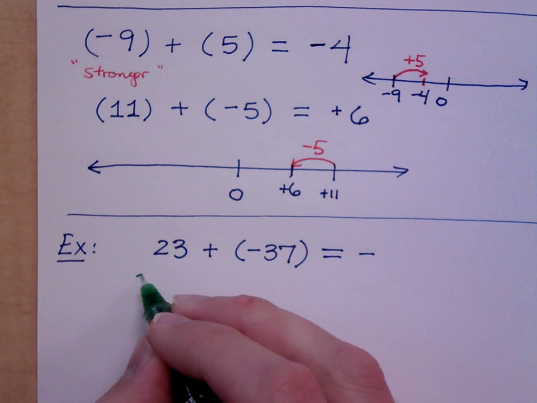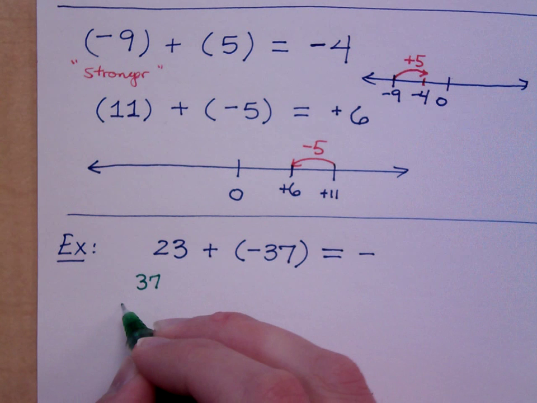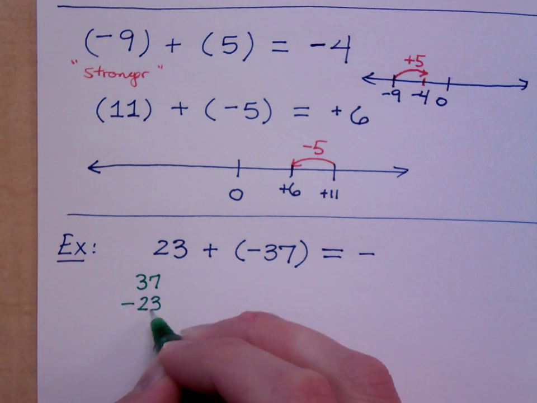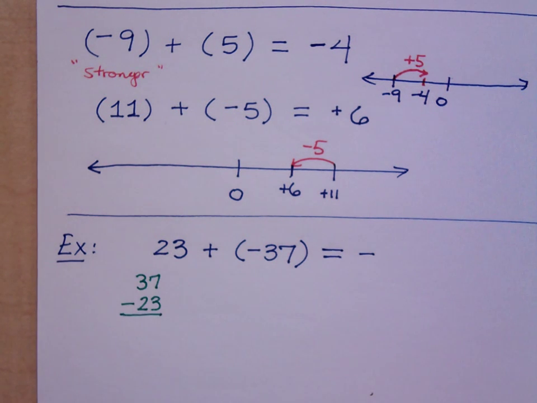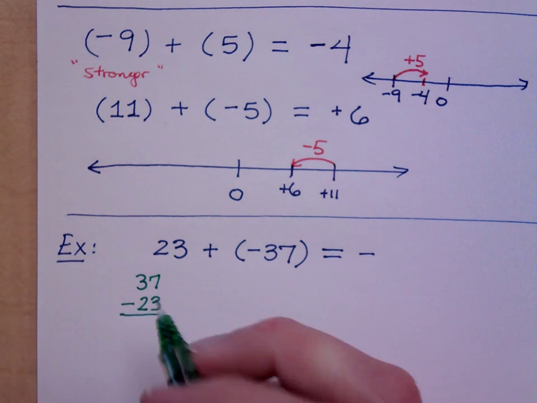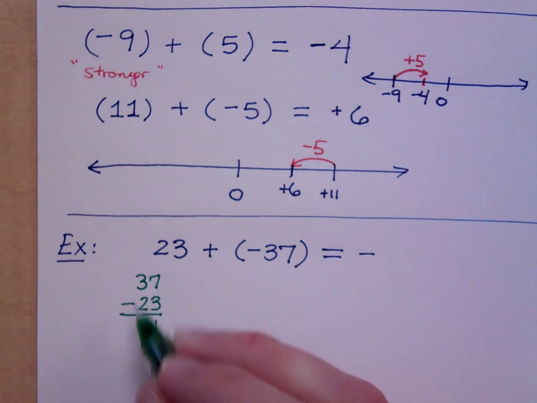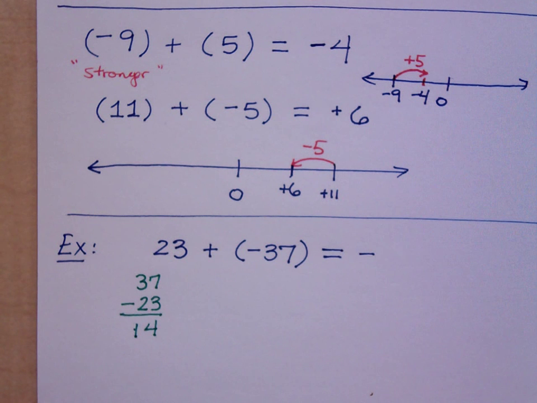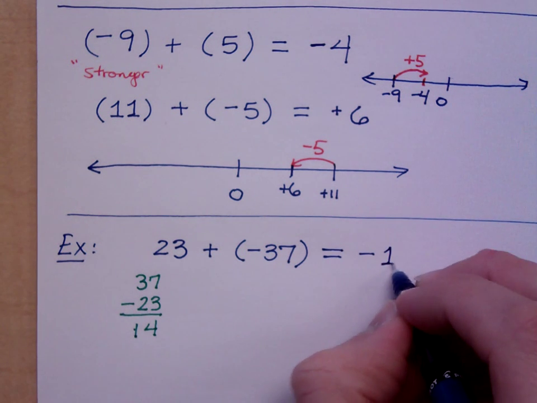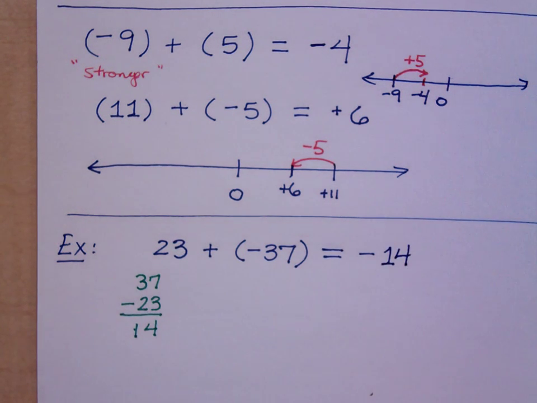It's always the larger number minus the smaller number. Otherwise, your subtraction won't work out right. So when I do this, 7 minus 3 is 4, and 3 minus 2 is 1. So I end up here at negative 14. Do y'all agree with that?